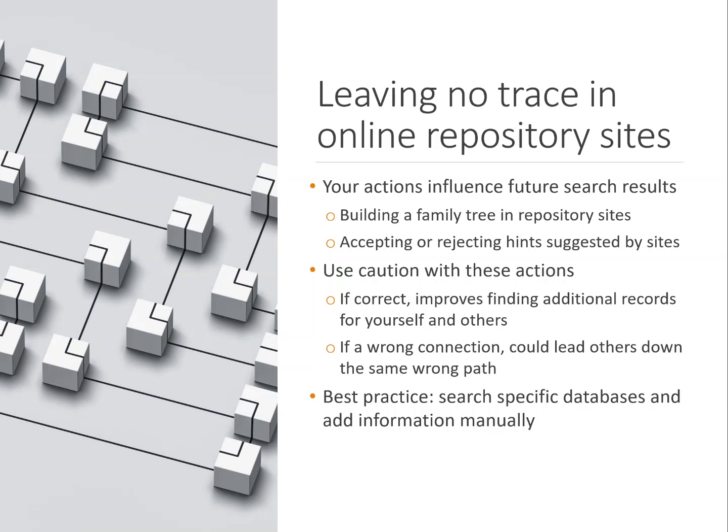Maybe I use the database that it used, the collection that this record belonged to, and then search within and I find that record again. But I do it by manual search, and in that way, it doesn't know to connect it to anybody in my tree. So I then take the results of my searching and manually connect them to my tree.